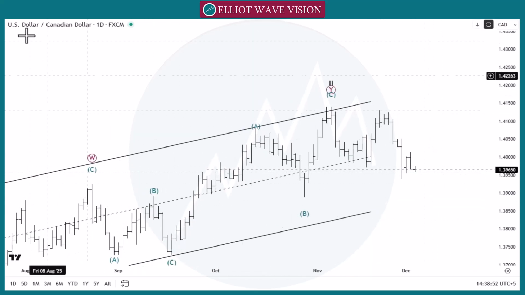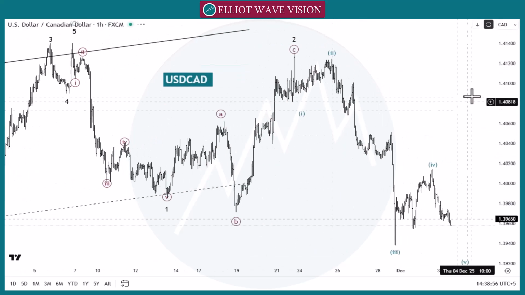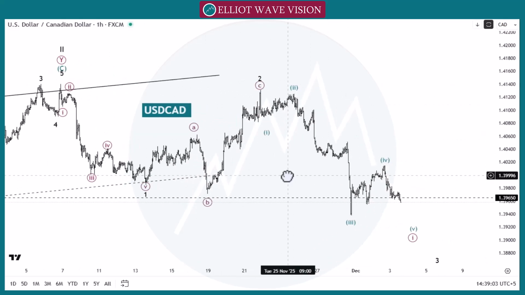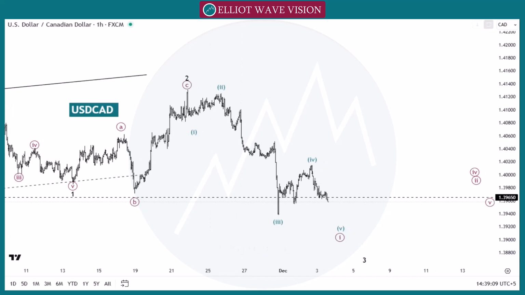So let's check this structure in 1 hour time frame. In 1 hour time frame we count this move like wave 1, A, B and C as a black wave 2. Now we are looking for this brown wave 1 to complete, like market gives us this wave 1, wave 2, wave 3, wave 4.